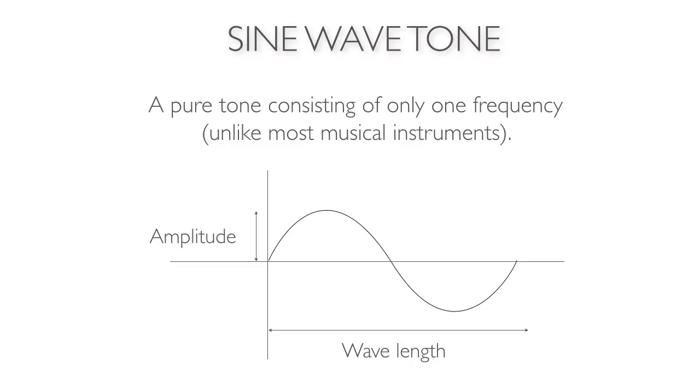So amplitude is simply intensity, or how loud it is. Wavelength is how long it exists in space. And yes, sound waves can actually be measured with length. The longer waves tend to be lower frequencies, the shorter waves, high frequencies. That's a 1 kilohertz sine wave.